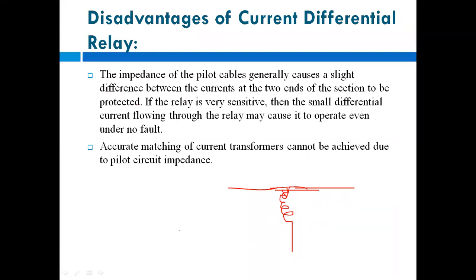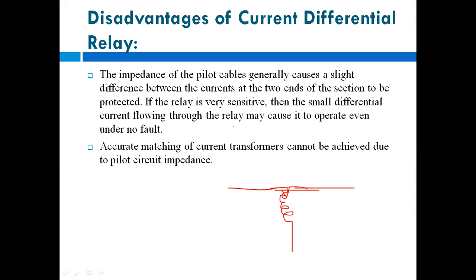Then if the relay is sensitive, a small differential current flowing through the relay may cause it to operate even under no fault. If no fault has occurred in the system, meaning only normal operating conditions, then your relay will be inoperative.